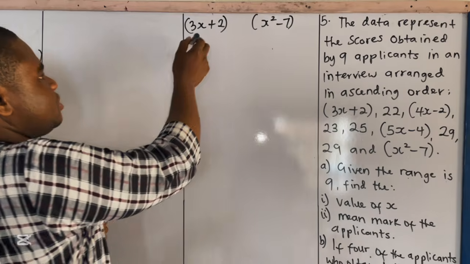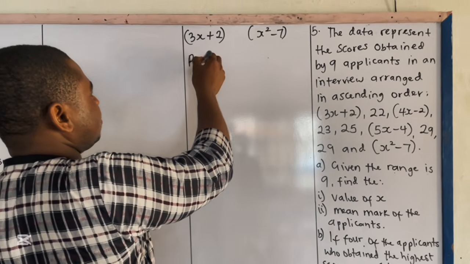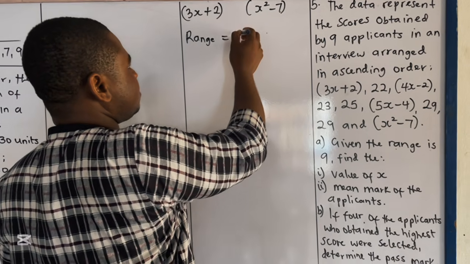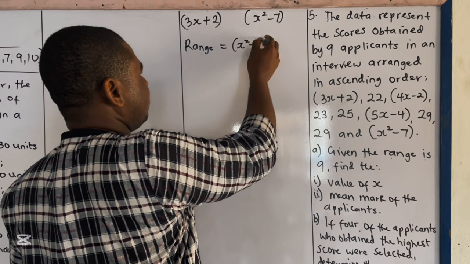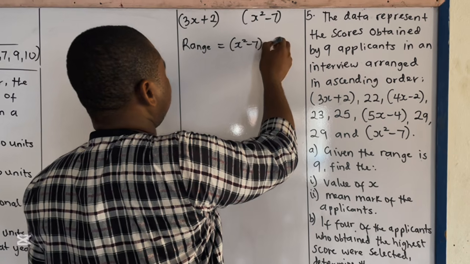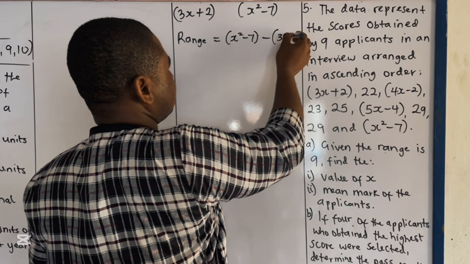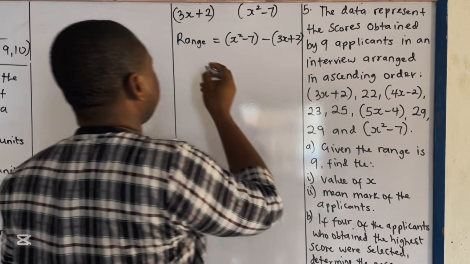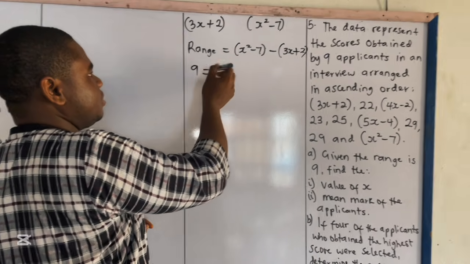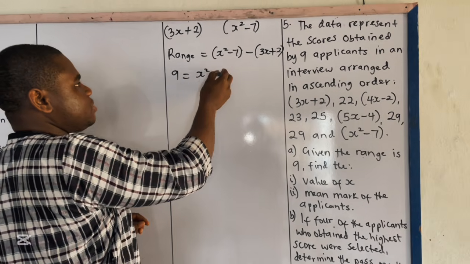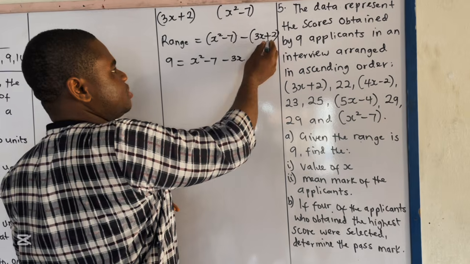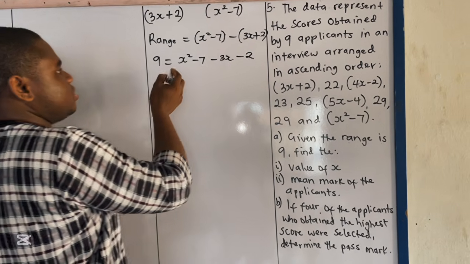It therefore means that the range is equal to the highest score, which is x squared minus 7, minus (3x plus 2). So the range is 9, and in brackets we have x squared minus 7 minus 3x minus 2.